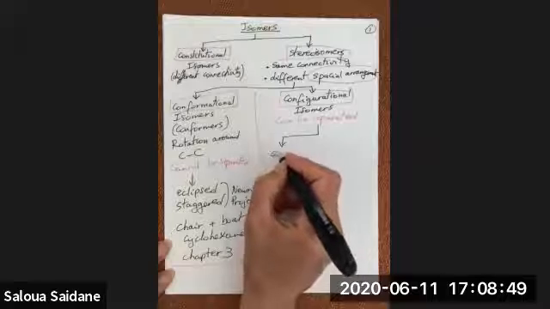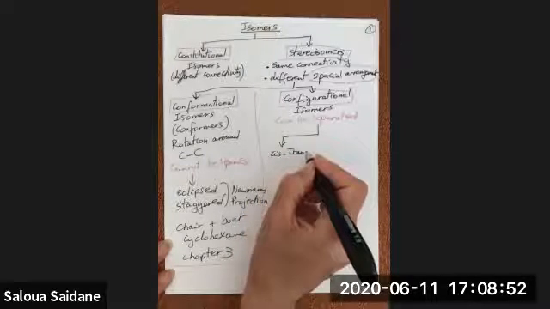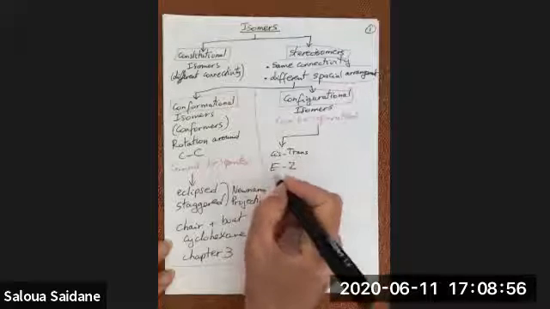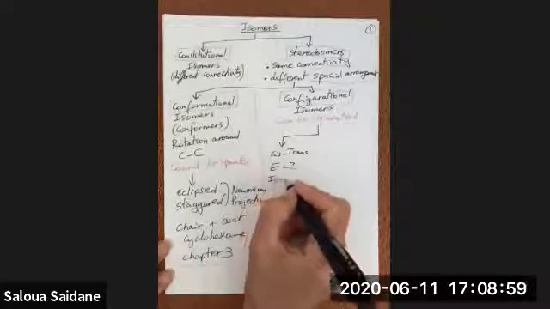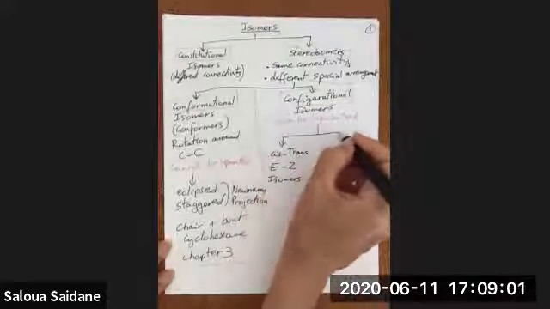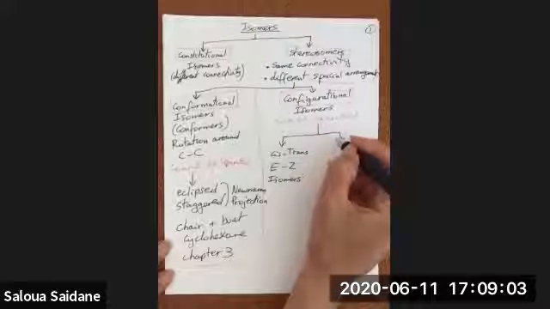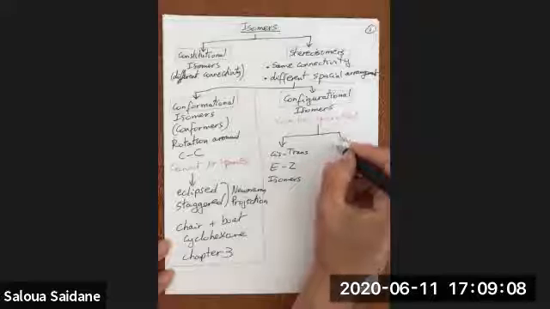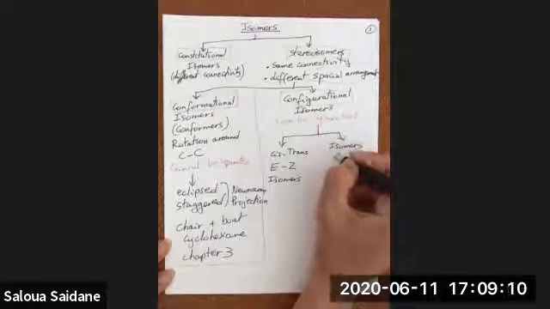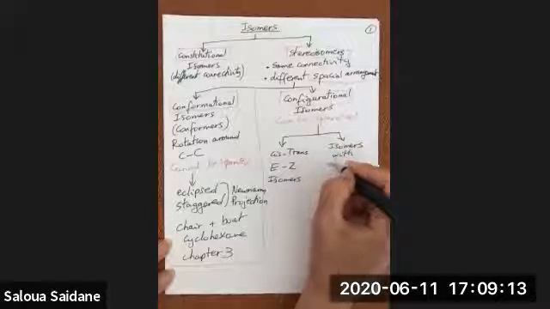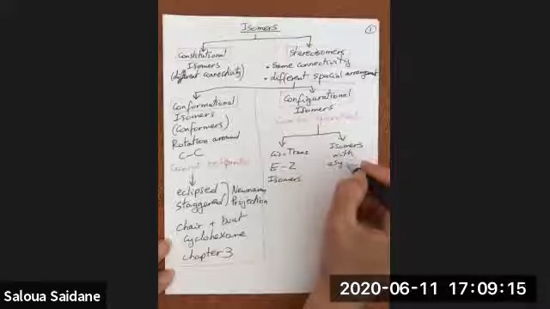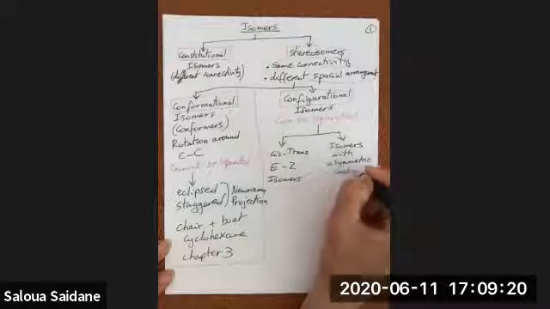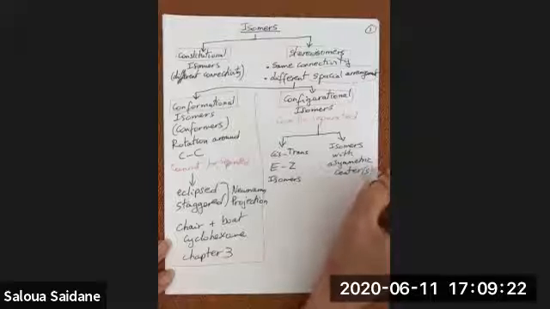We have the cis-trans, which can also be E and Z isomers. And we have the isomers with asymmetric centers, one or many.